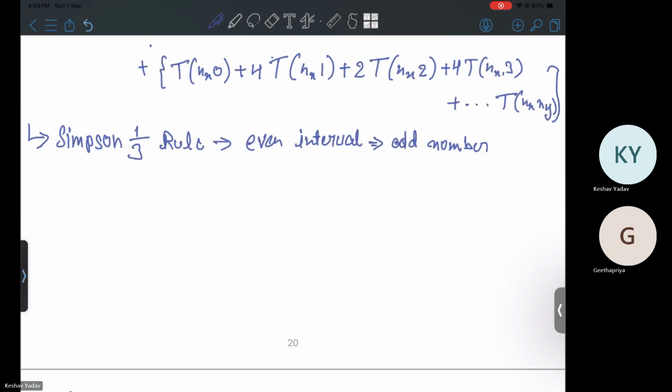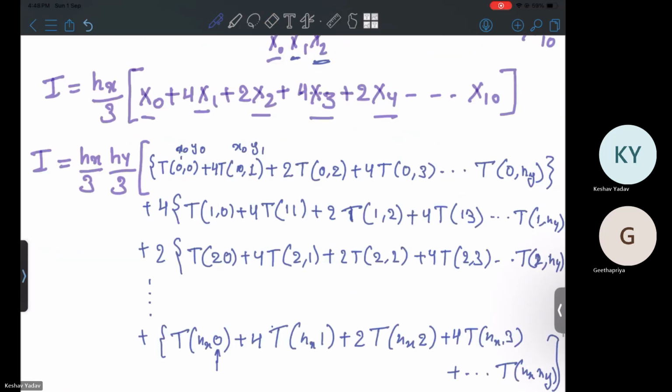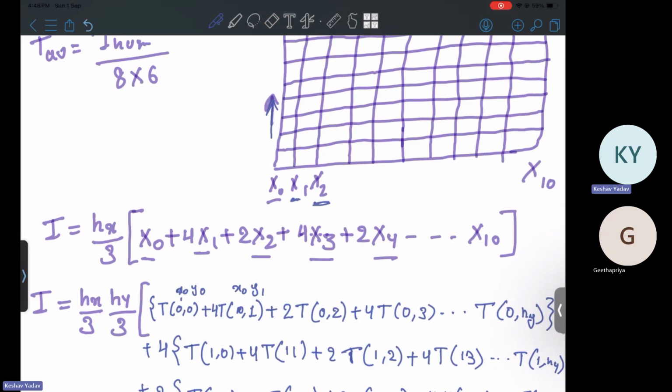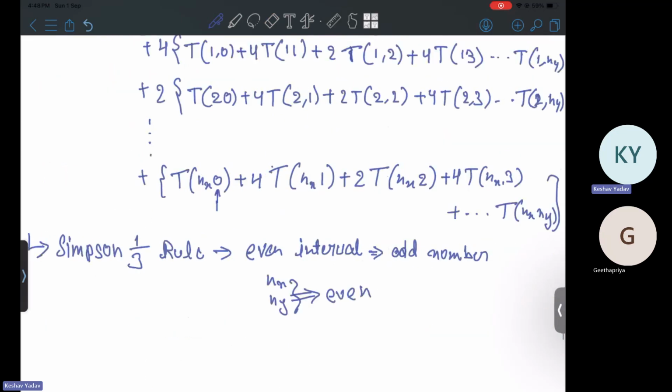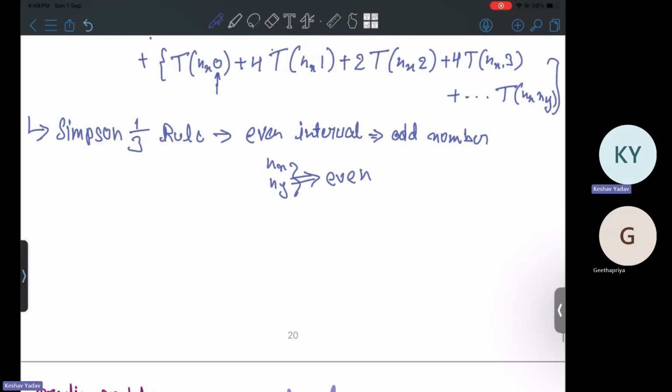Since it is starting from 0, nx and ny will be even. Here it is clear that nx and ny will always be even. Suppose here I have written 10 intervals, so the last index will be even only because we are starting from 0.